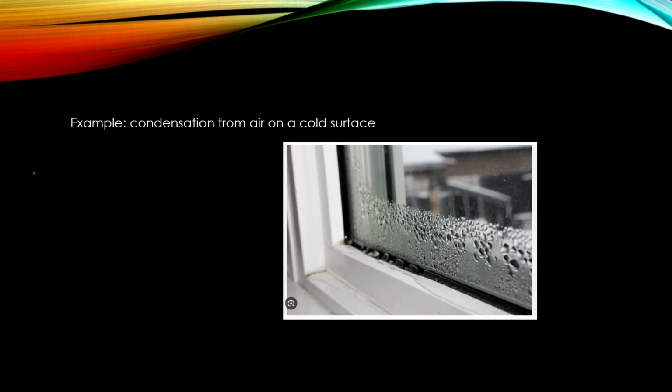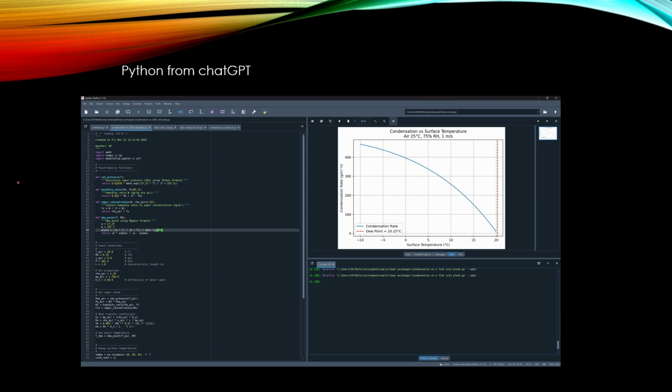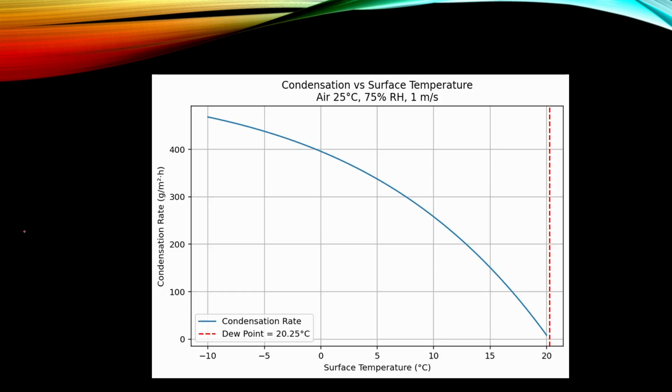Let's take an example. This is condensation from air on a cold surface. I asked for Python code from ChatGPT, and using that code I calculated a case in which I had air temperature 25 degrees C, 75% relative humidity, and the velocity of air was 1 meter per second.